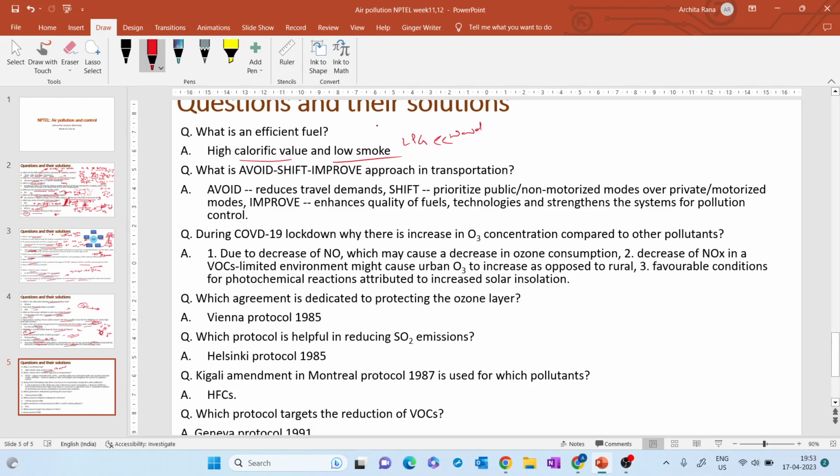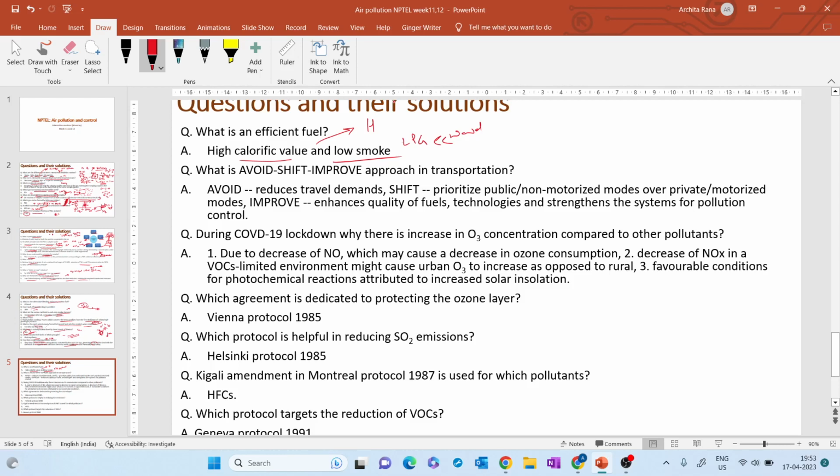Second is calorific value. Calorific value is something which is used to measure the efficiency of any burning fuel. We generally know that when a fuel is burned, it gives heat energy. So how much heat energy a fuel can generate determines how efficient it is.